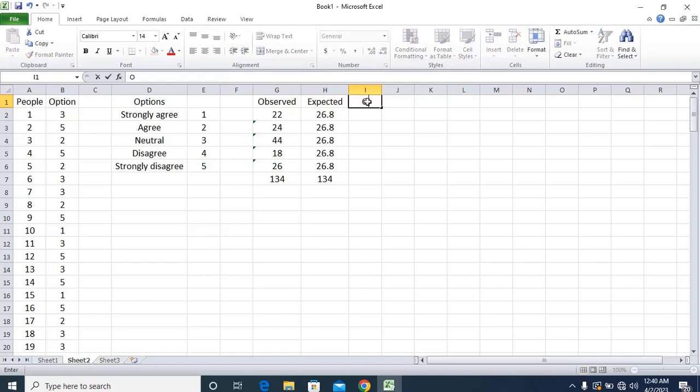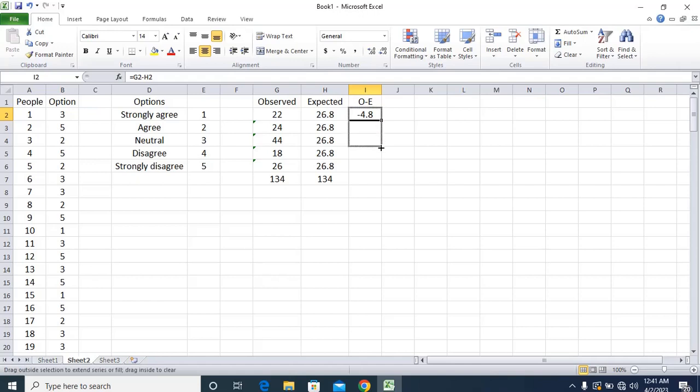Now we are going to see the observed minus expected value. Over here the observed is 22 and the expected is 26.8. So this is the observed minus expected.